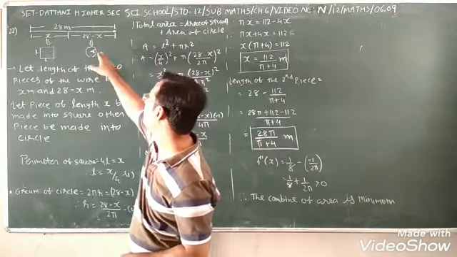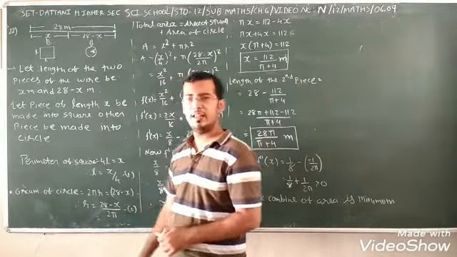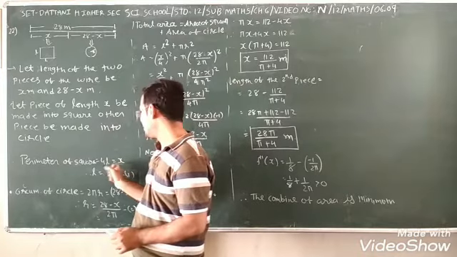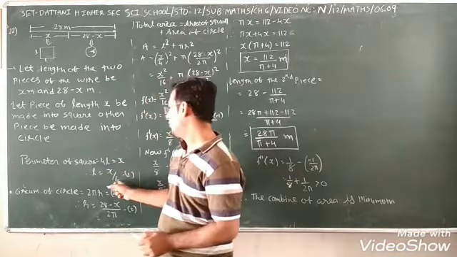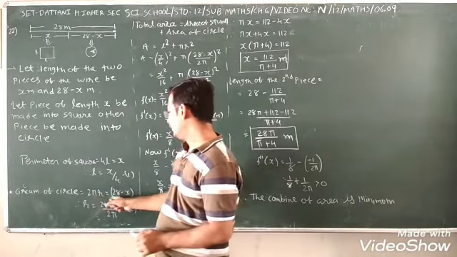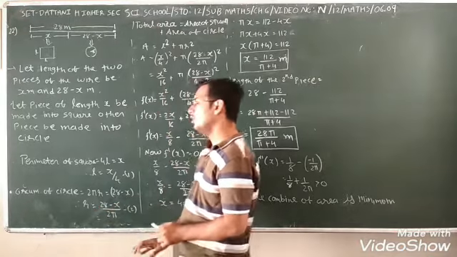Perimeter of square is 4L, so 4L is equal to x, so L is equal to x by 4. Circumference of circle 2 pi r is equal to 28 minus x, so r is equal to (28 minus x) upon 2 pi.